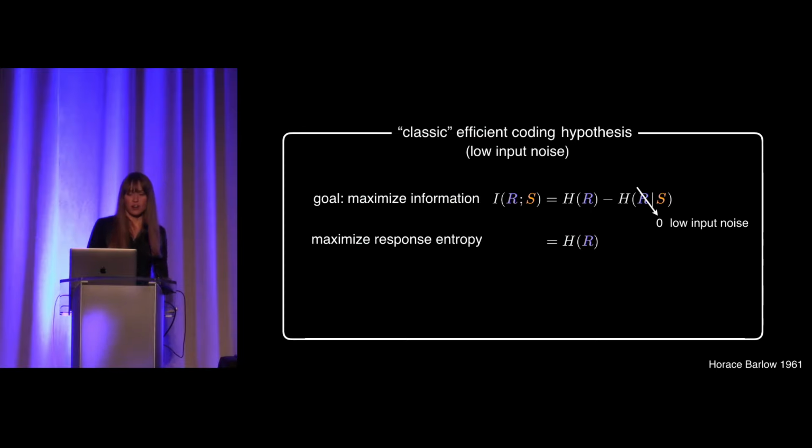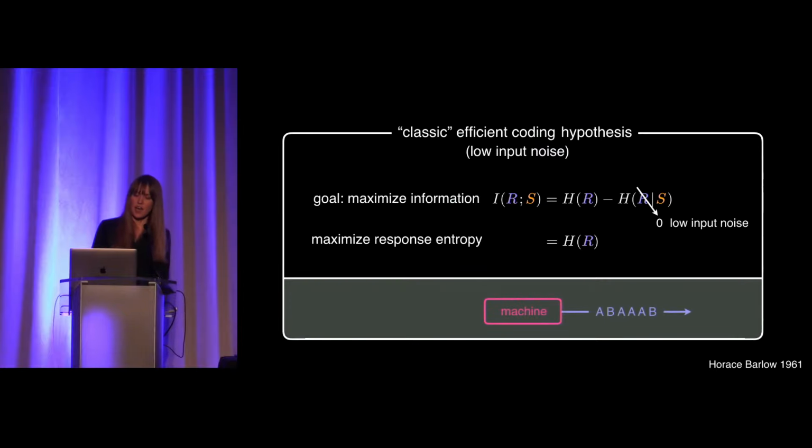This is often called the classic efficient coding hypothesis, and by classic I mean that we're specifically working in this low noise regime. Later we'll talk about how the ideas in this would change if we're dealing with high input noise, but for the time being I want us to work in this low input noise regime.